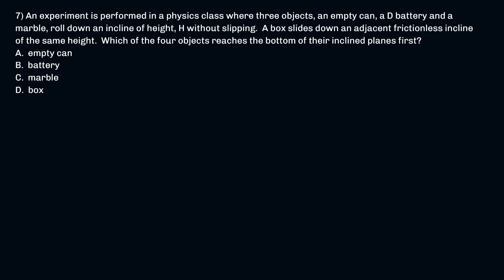So you have a box that slides down an adjacent frictionless inclined plane of the same height. The box has one thing going for it that the rest of the objects do not. It is only moving translationally. So all it has to do is convert from potential energy into translational kinetic energy. This means it's going to have a greater velocity as it goes down the plane.